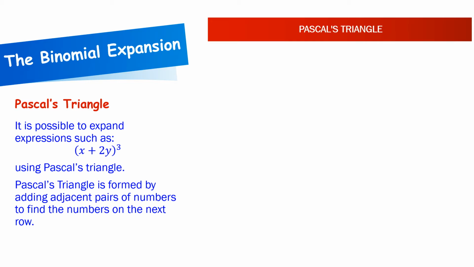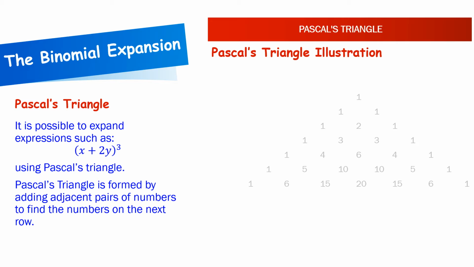Pascal's triangle is formed by adding adjacent pairs of numbers to find the numbers on the next row. Let's illustrate this. We begin with 1 and the rest of the triangle follows.